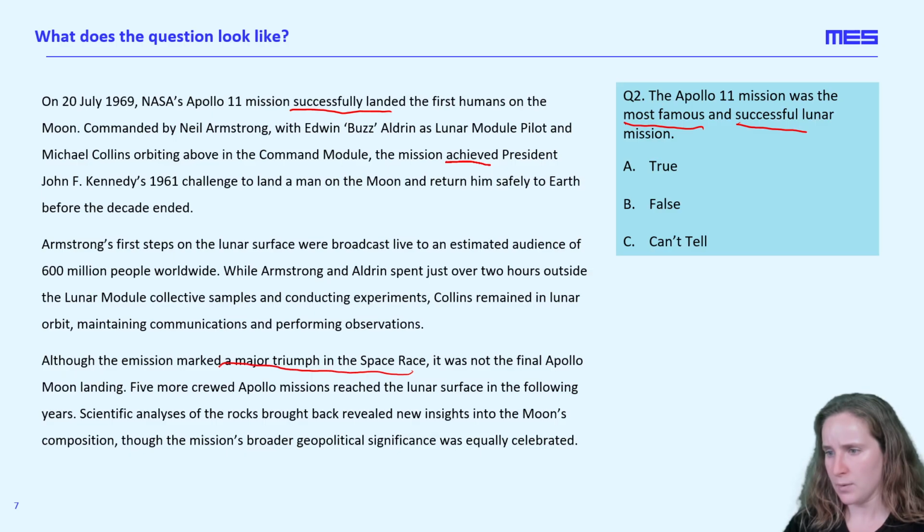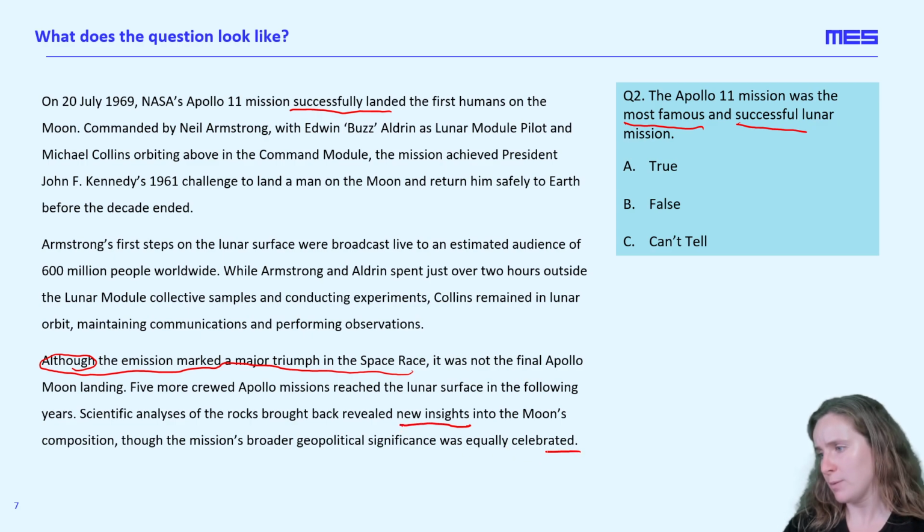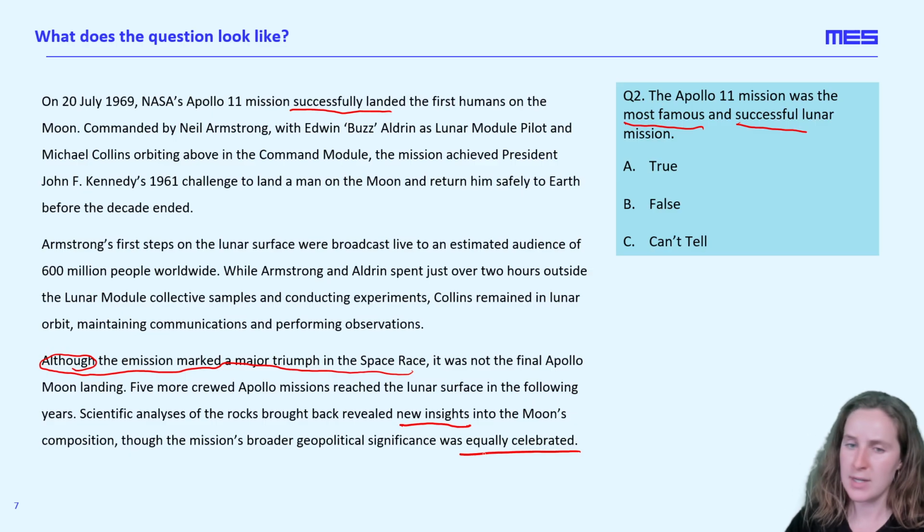Although, and again, that although seems to suggest that maybe, even though it was a major triumph, it wasn't the final one. 5 more crewed Apollo missions to reach the lunar surface, brought back new insights, and the geopolitical significance was celebrated, but there's no way of knowing really. Well, there's no proof that it absolutely was the most famous mission, so we know it's not true.